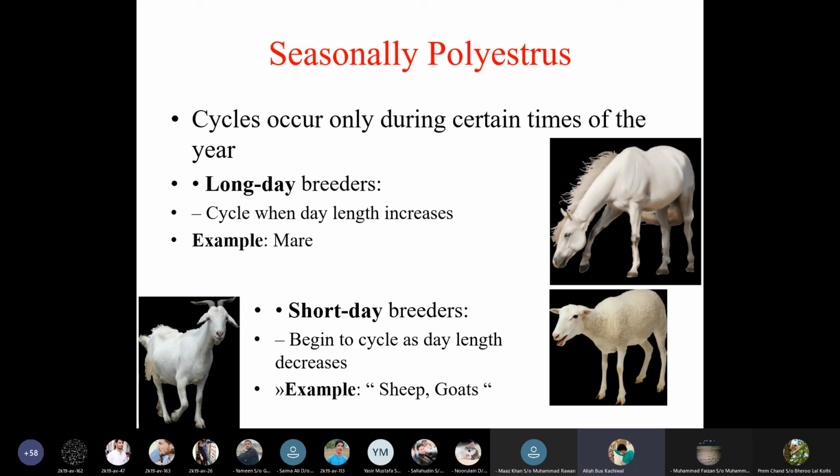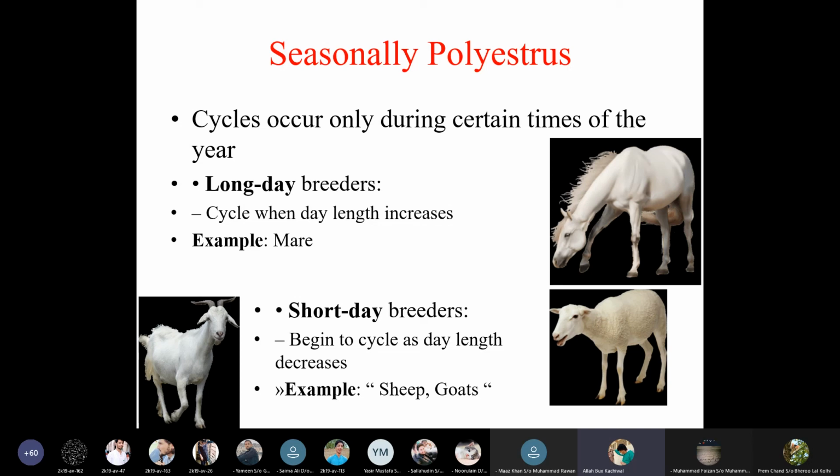They show this when the day length decreases, like sheep and goats, which show the estrus cycle in the cold seasons, whereas the mare shows the estrus cycle seasonally in the hot season when the days are long.